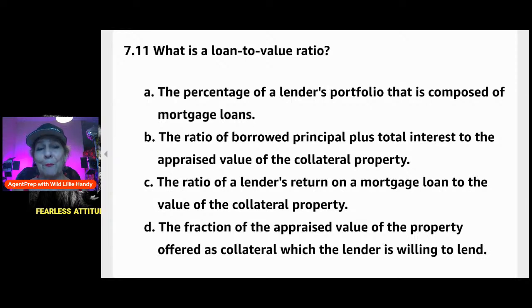No, it is not B, Anna. So take another attempt. It is a ratio. It is a percentage. However, that's the ratio of borrowed principal plus total interest. No, loan to value of the property. So the lender is providing a loan, and according to the appraised value of the appraisal, not of the offer, not of the listing, but of the actual appraisal, right?